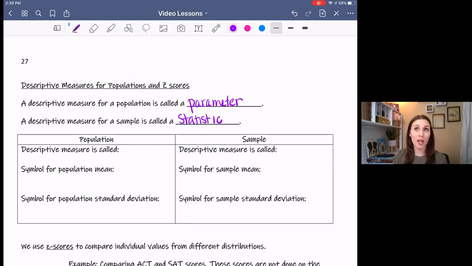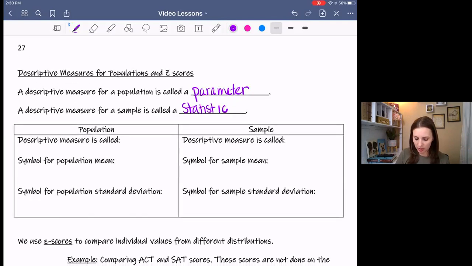And if you remember way back from the beginning of my videos, population and sample, population, whenever you see that word all, like all people or all basketball players or all test scores, all means population. And then a sample means that they've taken a small portion of the population to gather data on.